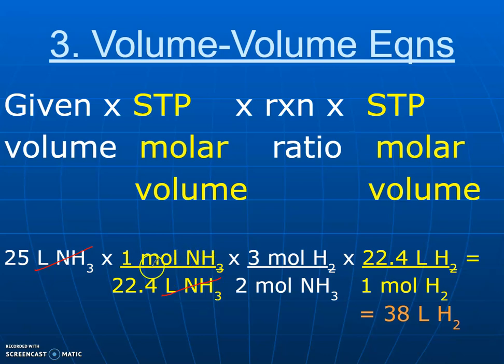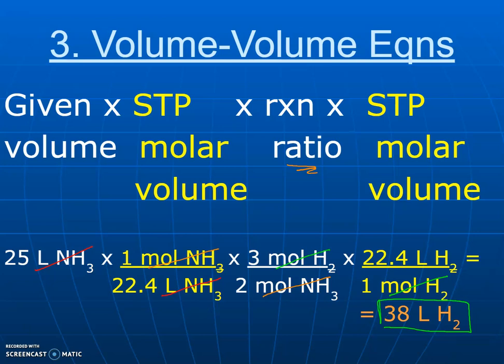Then we convert moles of NH3 into moles of H2 using the reaction ratio. And then lastly, convert moles of H2 into liters of H2 because we measure gas in liters and not in moles. We don't have mole scales, we don't have mole flasks or anything like that.